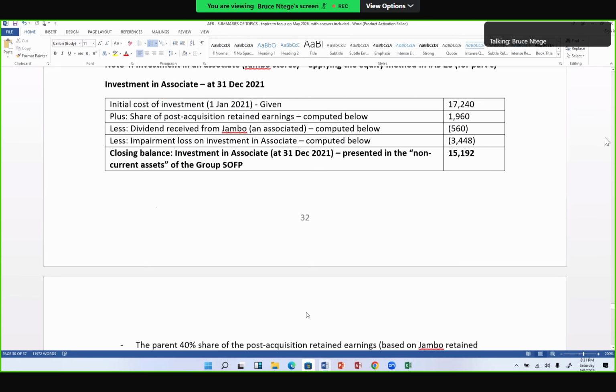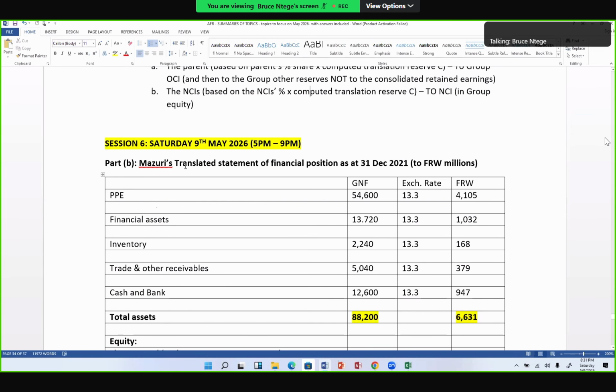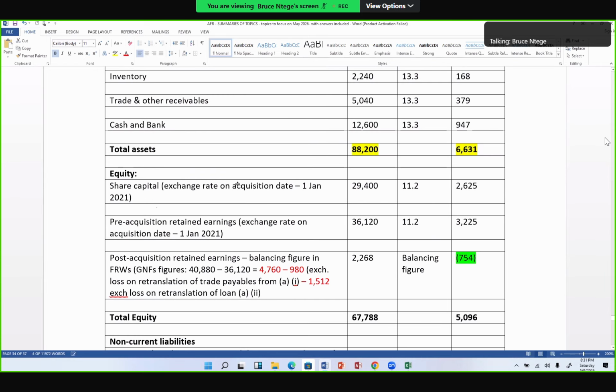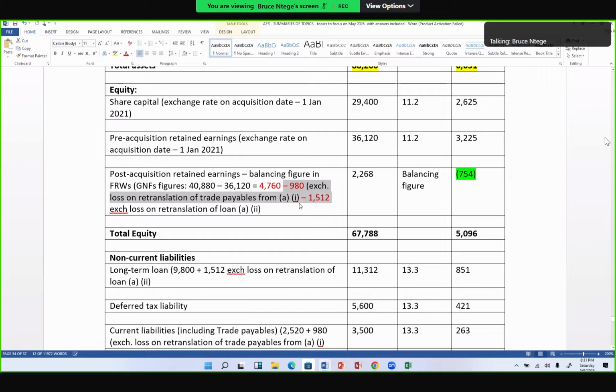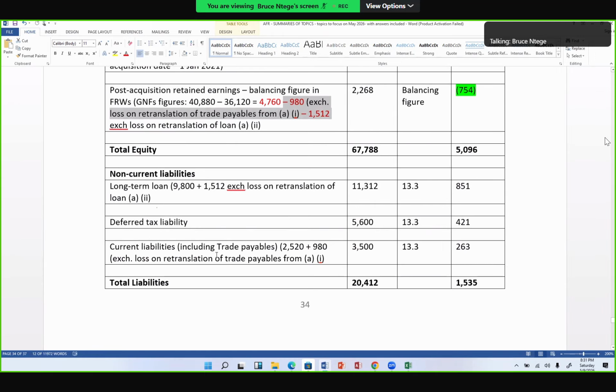So in the translated balance sheet of Missouri, I had to bring in that exchange difference when they had that monetary item coming from the intra-group transaction. Even if it's intra-group, we cancel the principal amount. But this exchange difference the subsidiary suffers must come in its own translated financial statements in retained earnings. So now here I'm putting it in retained earnings, not other reserves. Why?